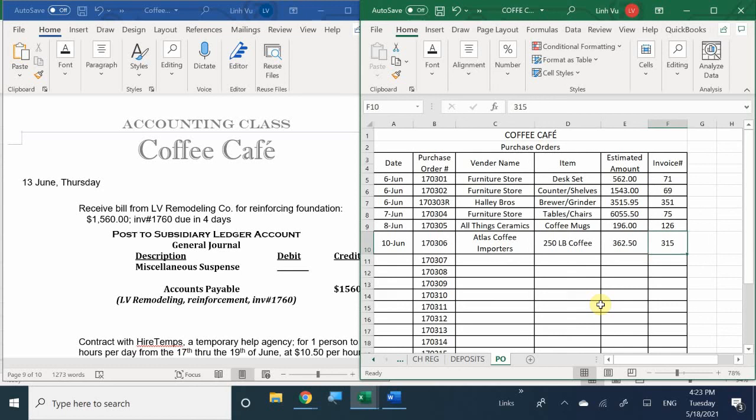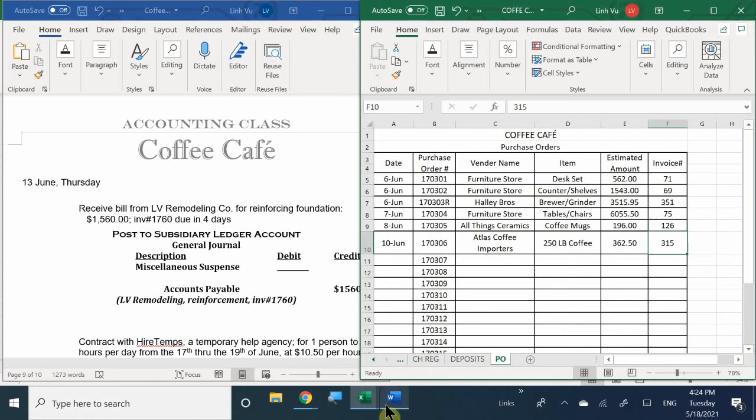Maybe they overshipped you too much of this coffee or that coffee. But in this case, we won't see that kind of scenario. Right. Okay. So yes, I did update my purchase order for that. And I thought we didn't go back and write the 315 in, but I must have missed it. Okay. No worries. You can always go back and go over all of your worksheets.